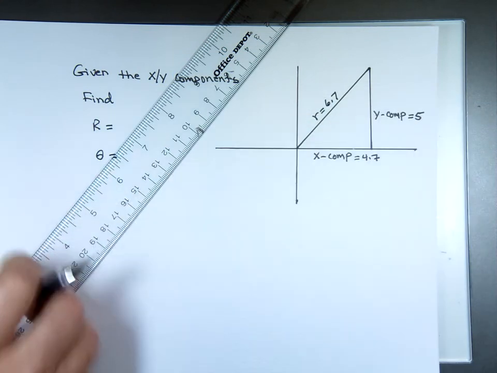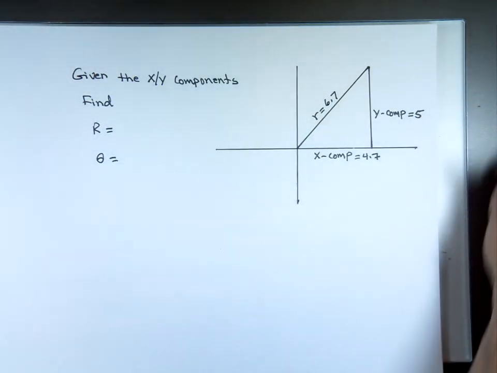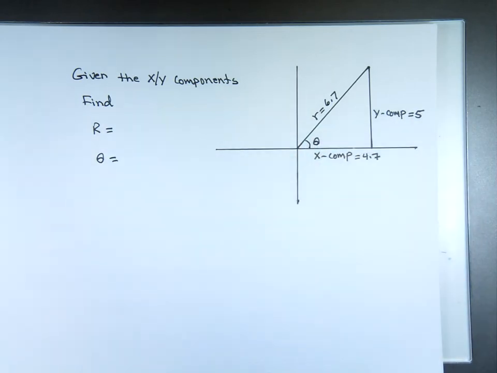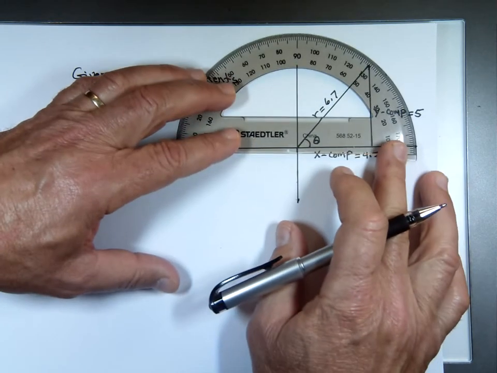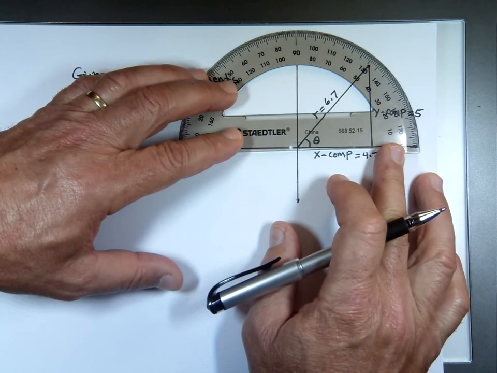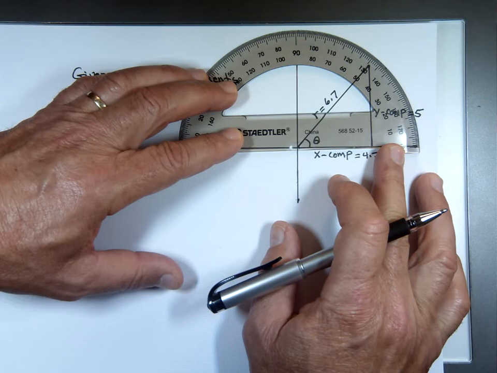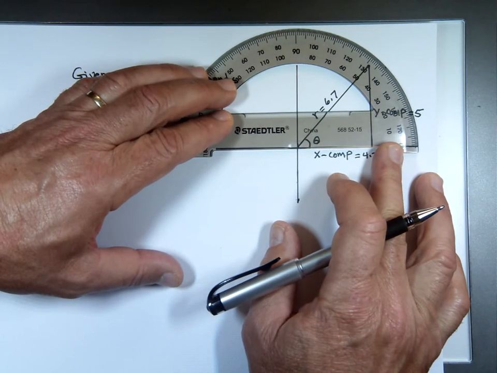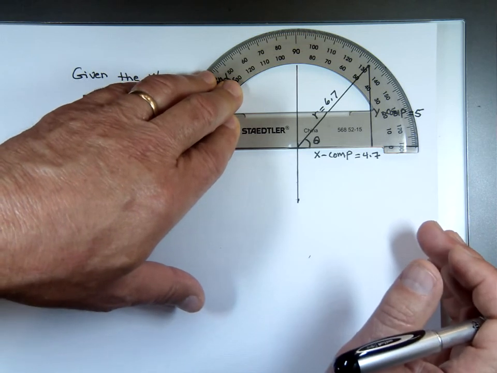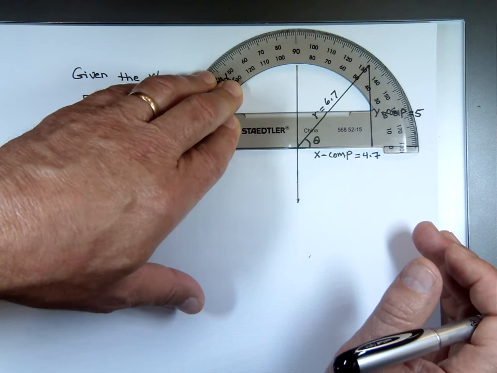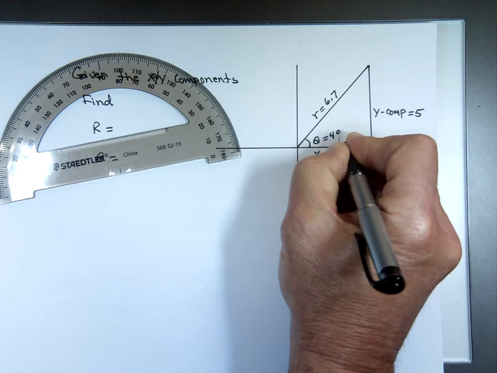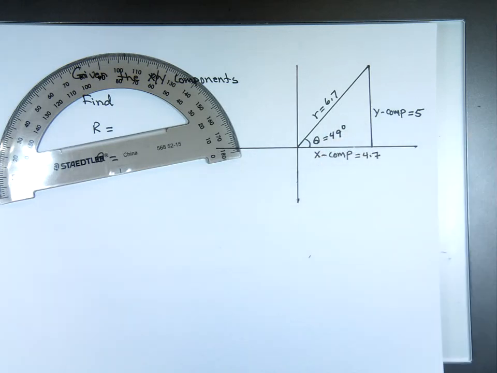Can I figure what the angle is? If I take my protractor and put it there, can I measure that angle? I'm getting roughly 49 degrees. That's what I got, 49, 50 degrees, somewhere there, from measuring that. Yours will be different, right?